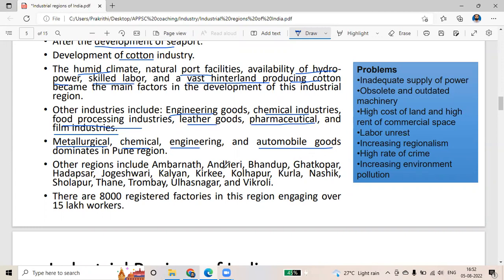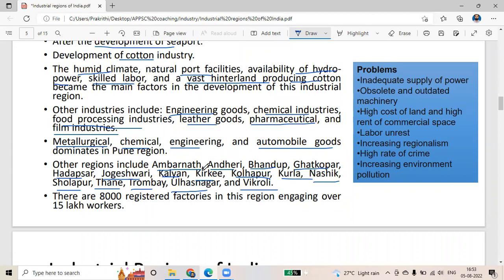So other regions include Ambarnath, Andheri, Bandra, Ghatkopar, Hadapsar, Jogeshwari, Kalyan, Kirkee, Kolhapur, Kurla, Nasik, Solapur, Thane, Trombay, Ulhasnagar, then Vikhroli. तो ऐसा बहुत कुछ एरियाज है. ये सब पढ़ने की जरूरी नहीं है, लेकिन मुंबई पुणे रीजन ये याद रखना है.